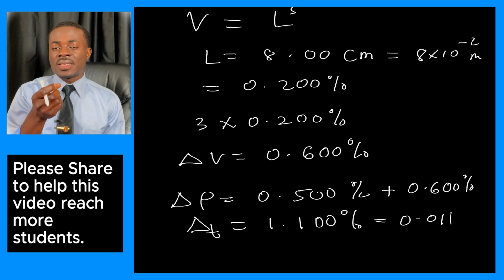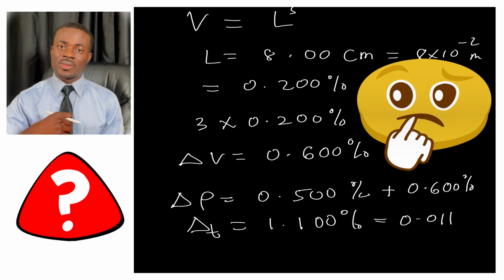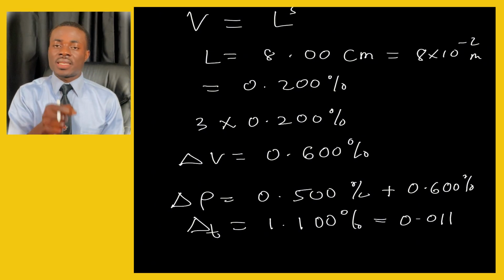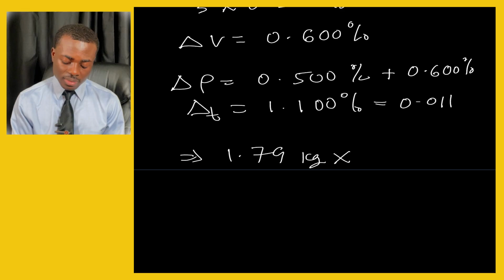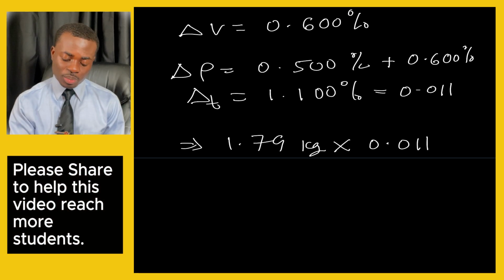Now, to find the impact of this uncertainty on the mass, what do you think we should do? We should simply multiply the mass that we have by this error, which is the uncertainty. So we have the mass, 1.79 kilograms, times 0.011. Here we just do it from first principles.